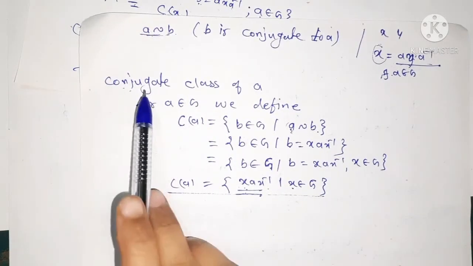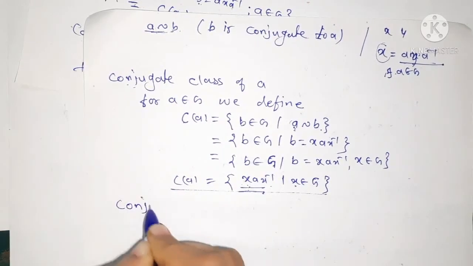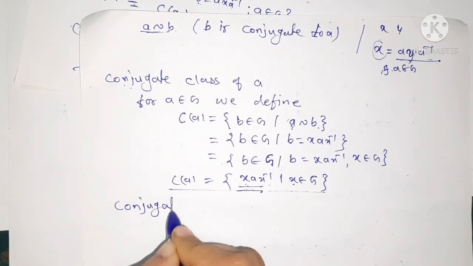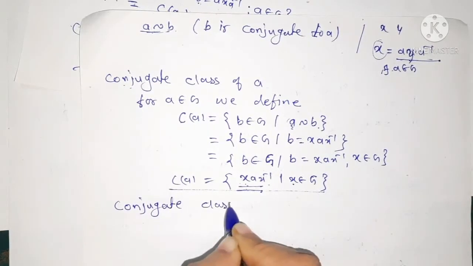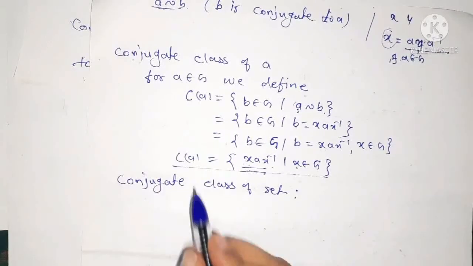As here we have seen the conjugate class of an element, similarly we can see the conjugate of a set, or conjugate class of a set, which can be written in this form.